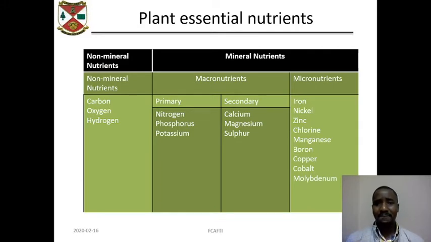Now, the mineral nutrients are divided into two, macro and micro. Macronutrients are the mineral nutrients that are needed by the plant itself in large quantities or in high concentration, whereas the micronutrients are plant essential nutrients that are needed in trace quantities or in low concentration by the plant.